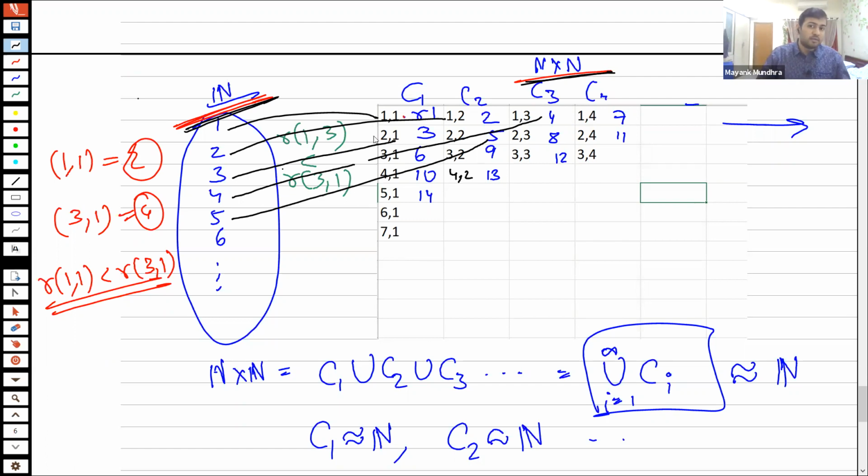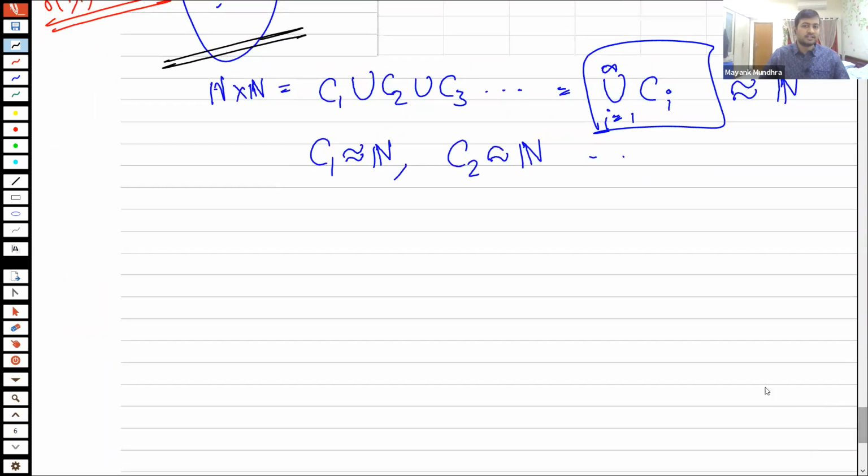Yet the number of elements in an Excel sheet is the same as the number of elements in the natural numbers. So basically what I'm saying is that the set of natural numbers cross natural numbers is also the same size as the set of natural numbers. Okay.